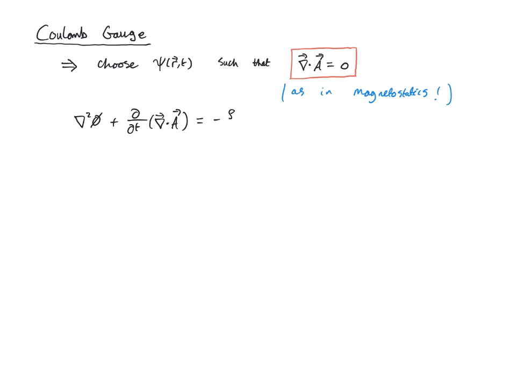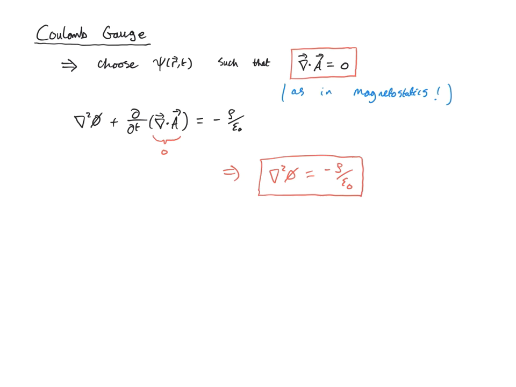by plugging in the potential, the electrodynamical potential, into Gauss's law. And of course, in Coulomb gauge, this term is equal to 0. And so we end up with the original Poisson equation, which of course is a big simplification.